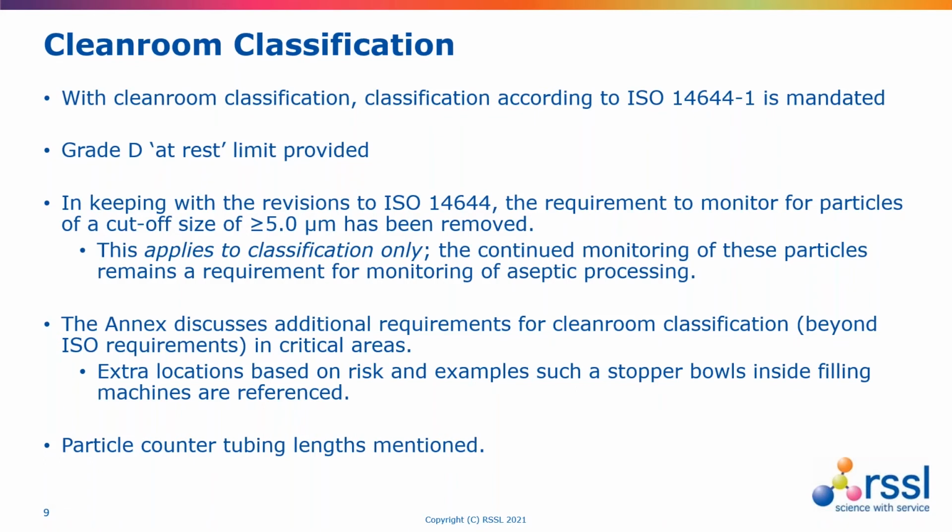And it's important not to get the classification and routine monitoring divides mixed up. It's also interesting to see that the annex adds grade D at rest recommended particle levels for the first time. And it also puts controls around particle counters, particularly particle counter tubing length, stating that it should be no longer than 1 meter because of the risk of dropout or loss of particles, and that becomes more prevalent the larger the particles become.